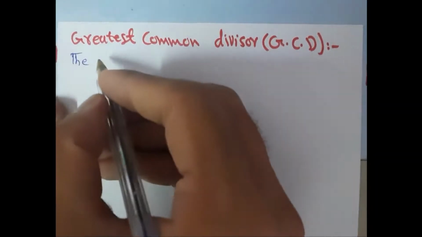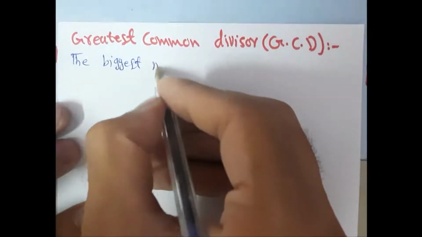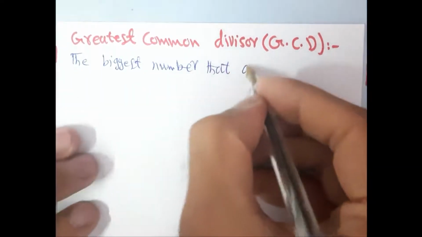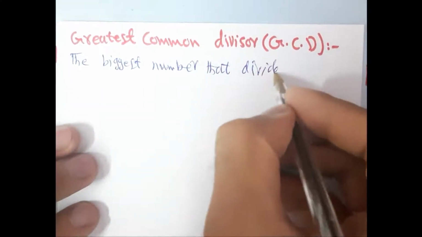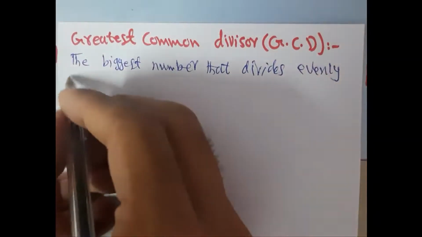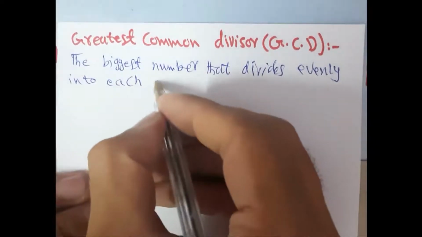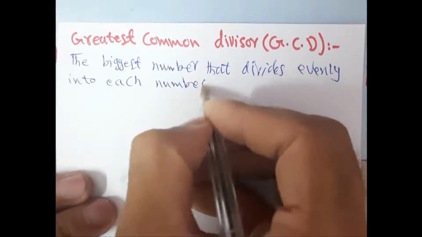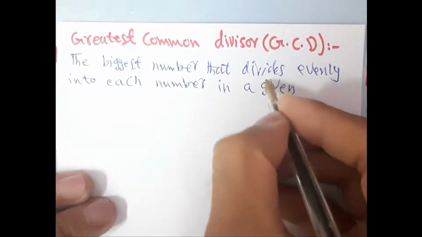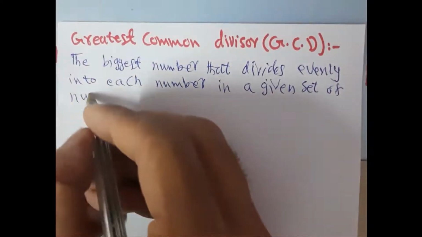Definition: the biggest number that divides evenly into each number in a given set of numbers.